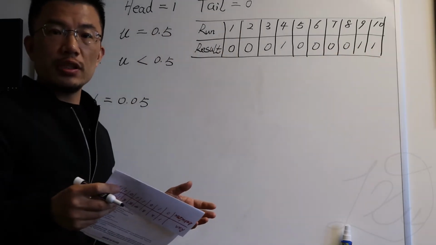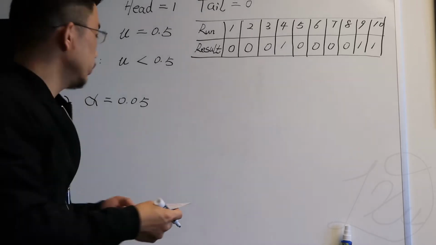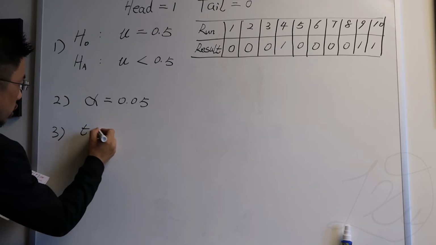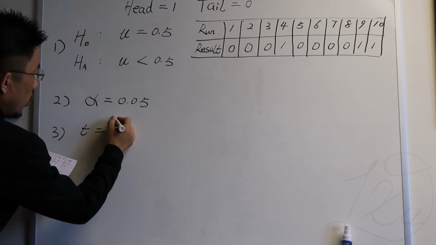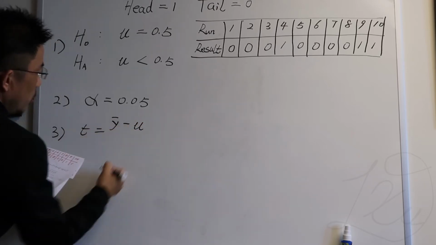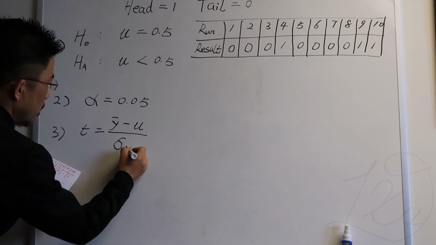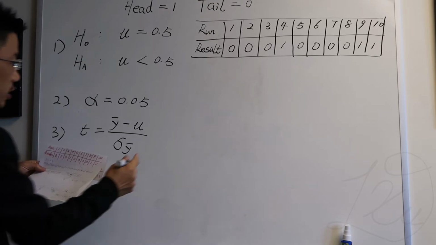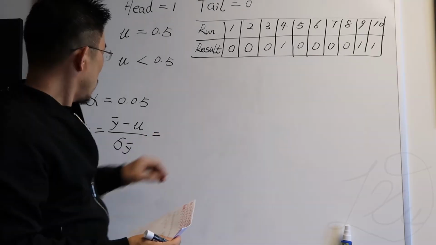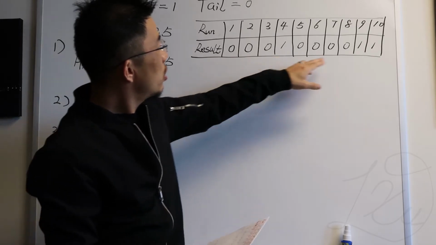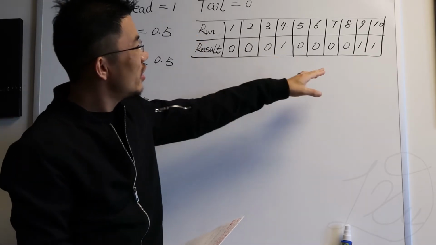The next step is we calculate the t-value. So t equals y bar minus mu divided by sigma y bar. y bar is the sample average. So we have got 3 ones in 10 samples.